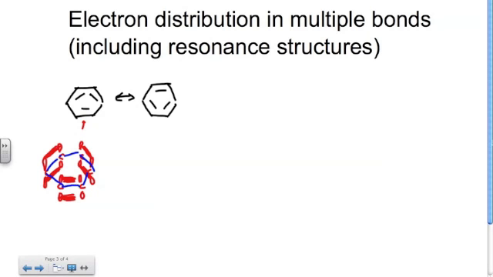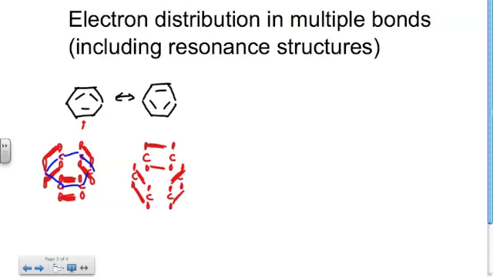Now, if I were to draw the other version, again we have these p orbitals, water wings, so now showing this bond, overlap here and here, electron density here and here, electron density here and here.